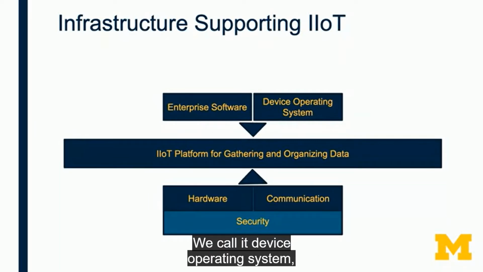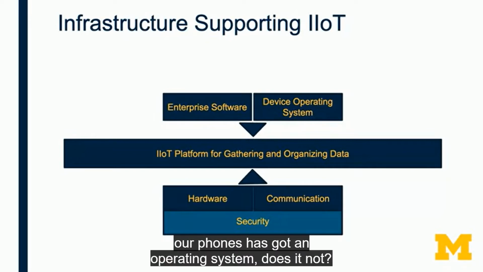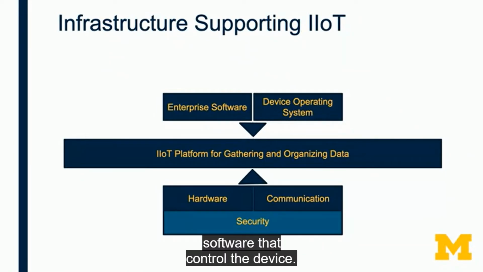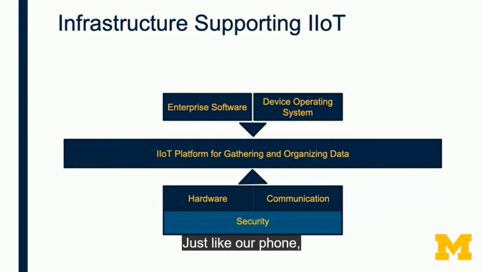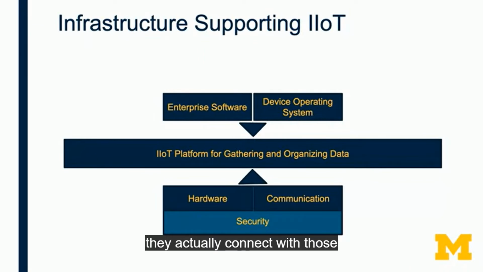Any device, just like our phones, has an operating system, does it not? We call this Apple's phone operating system or Android. These are software that control the device. So just like our phone, other devices used in the manufacturing context will have their own operating system. And these platforms connect with that operating system software.